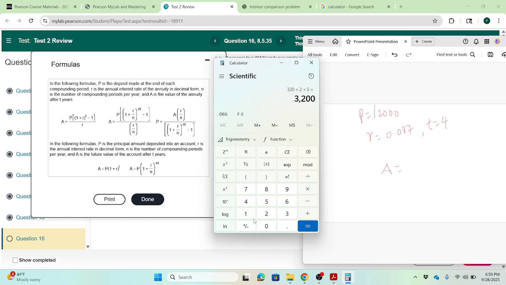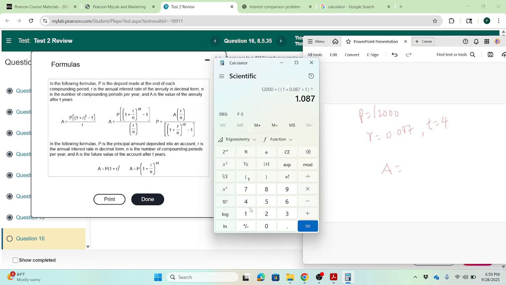So the principal is 12,000, not the principal, the regular deposit, 12,000 per year, parenthesis, again parenthesis, 1 plus rate 8.7%, divided by once a year, so that is just 1, to the power n times t, which is 1 times 4 years, so that is power 4.